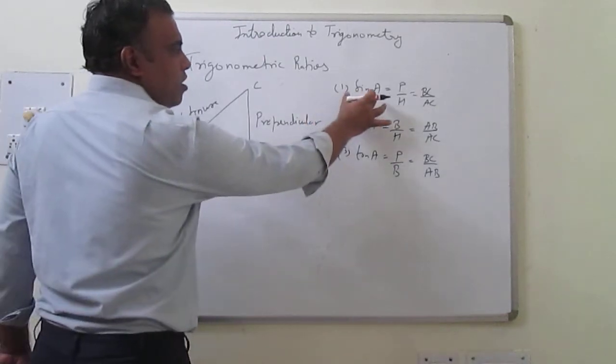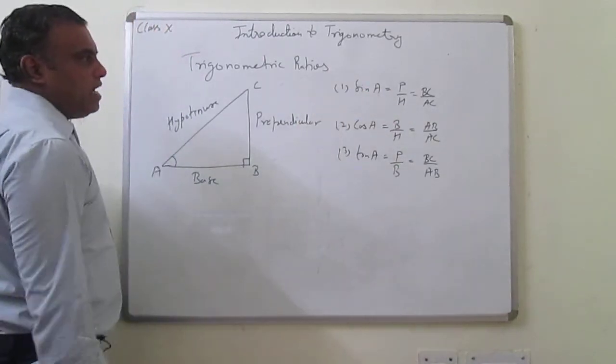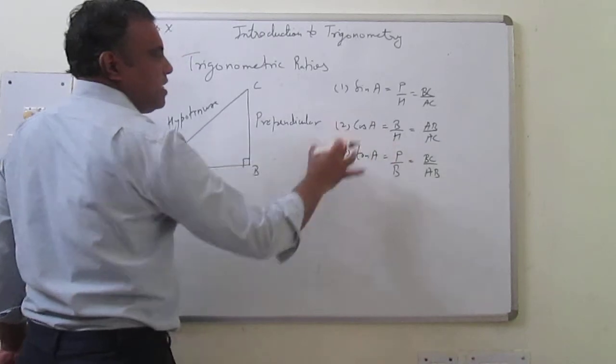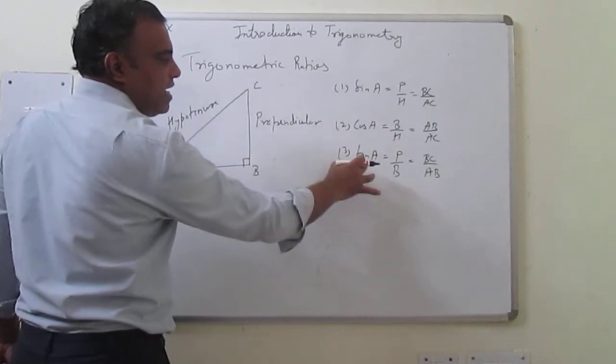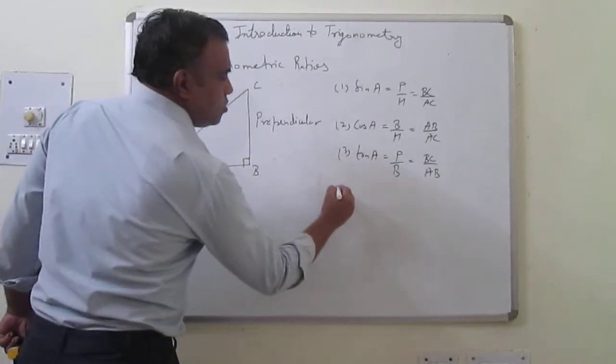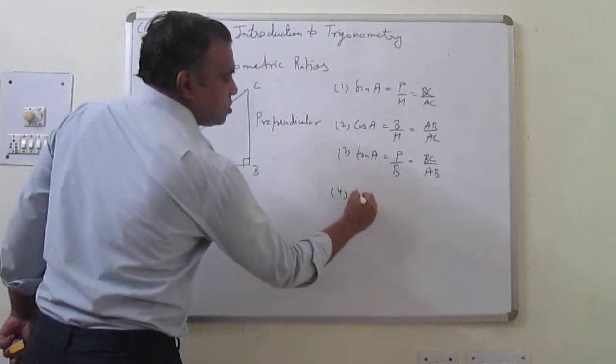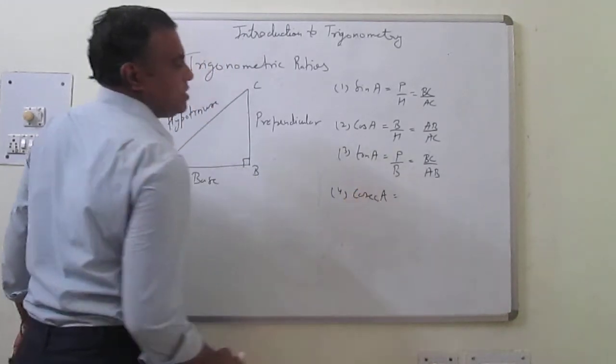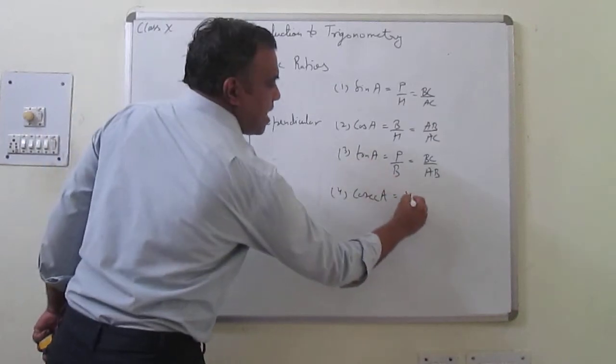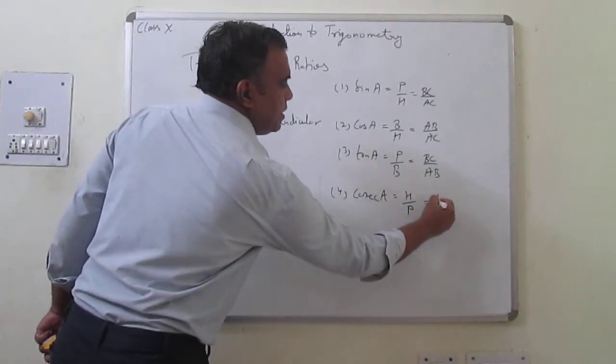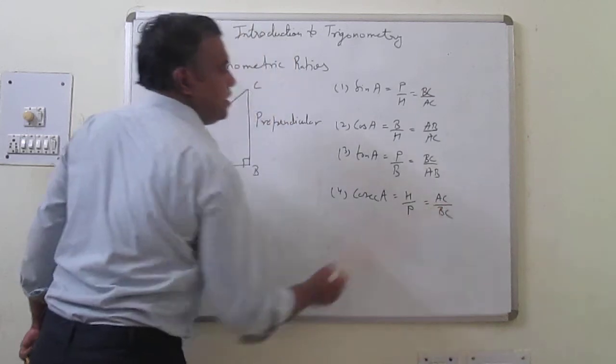Now reciprocal of sin A is called cosec A. Reciprocal of cos A is called sec A, and of tan A is cot A. So cosec A is equal to H upon P, means AC upon BC.